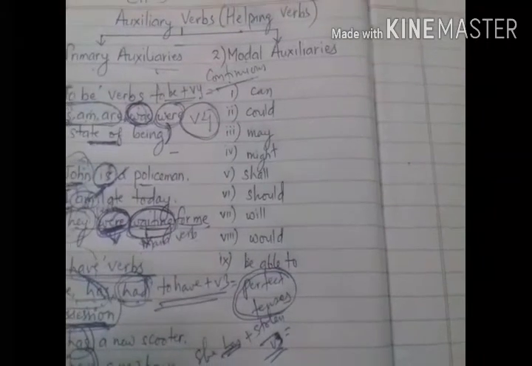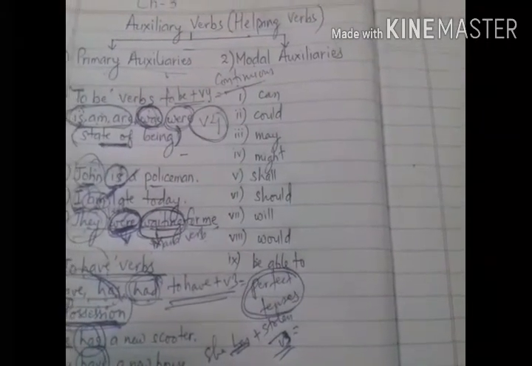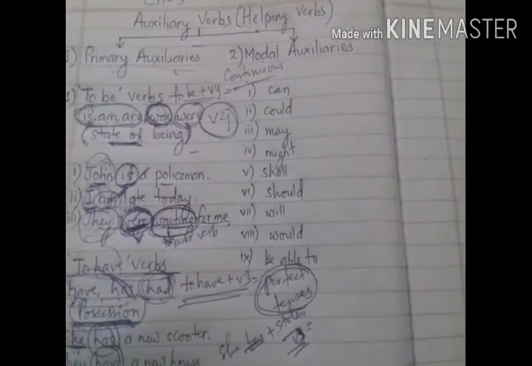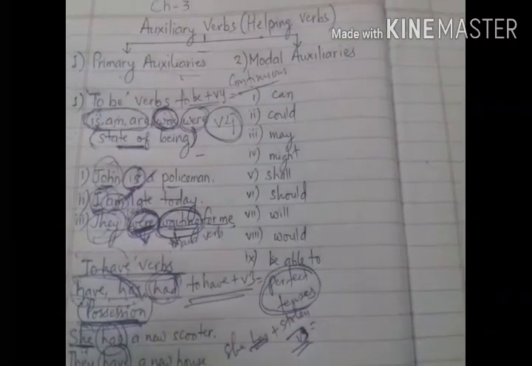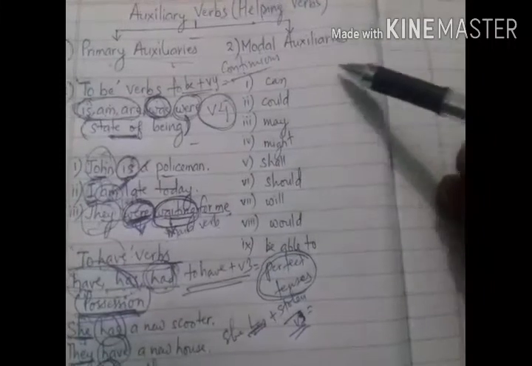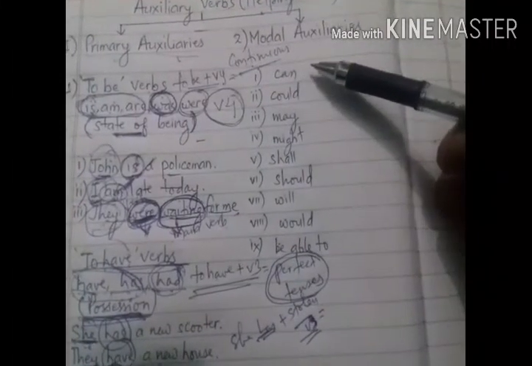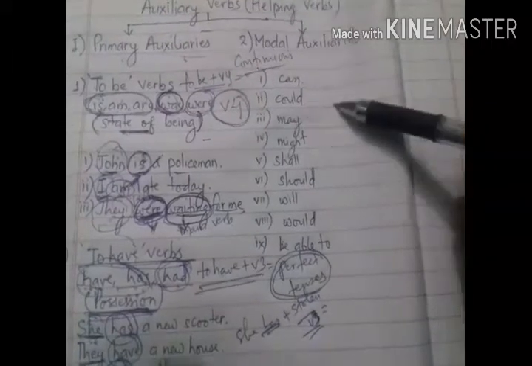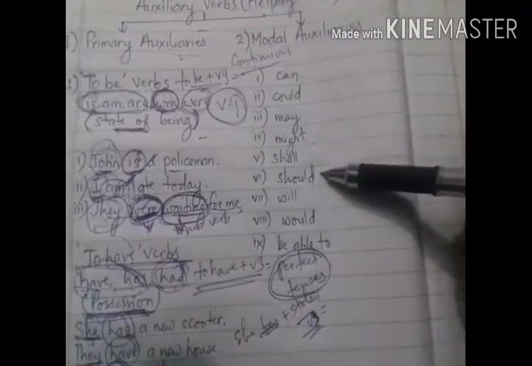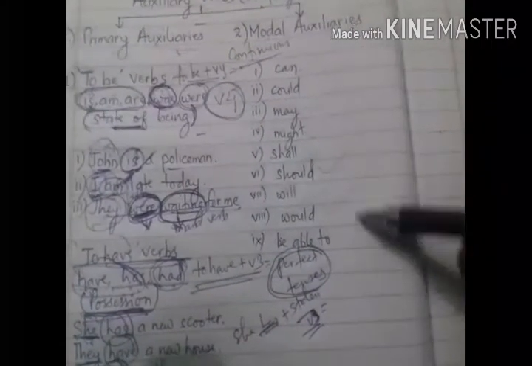Now let us discuss another kind of auxiliary verbs, that is modal auxiliaries. There are so many modal auxiliaries. Some of them I have written here, like can, could, may, might, shall, should, will, would.